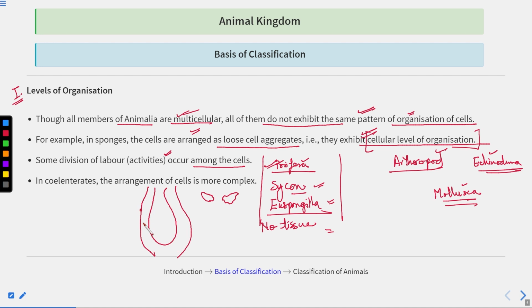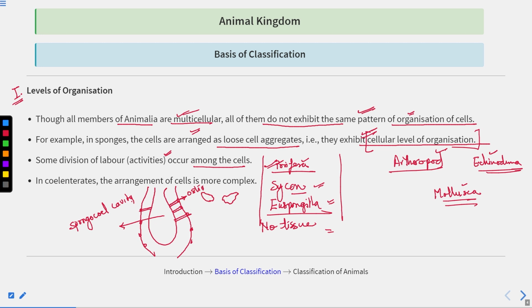And they have small openings all over their body surface like this. And these openings lead to the inner side. That is the spongocoel. This is the spongocoel cavity. And these openings are called ostia.